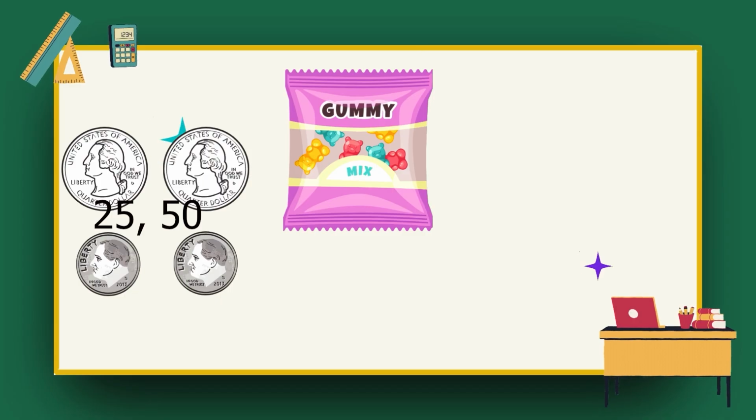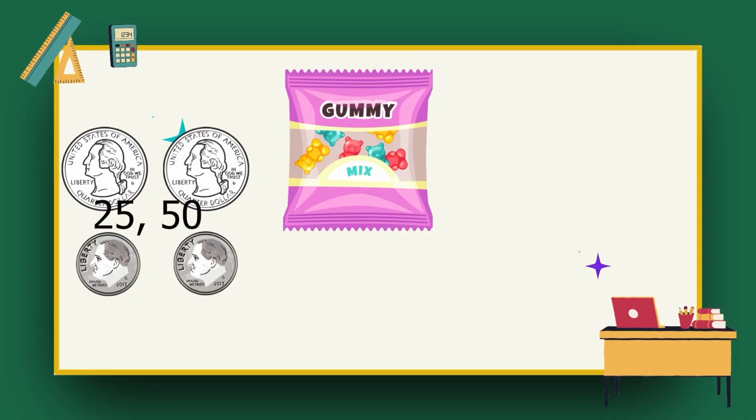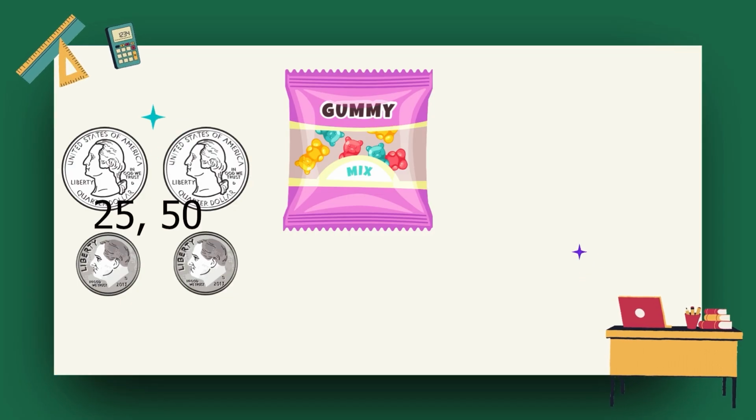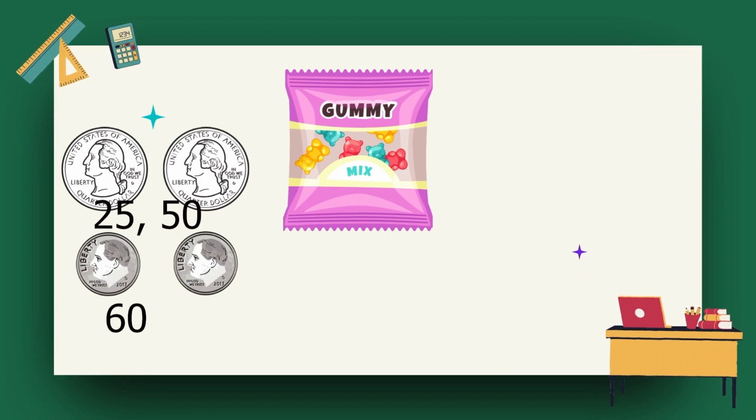And then we can write that down below the quarters. And then we can start counting the 10. So if we're at 50 and we need to count 10 and 10 more, let's do that. So 50, 60, 70. And I like to write that down as I go, because sometimes if I try to keep it all up here, I'll forget where I was at and then I might miscount. So I like to jot down my skip counting so that it helps me.